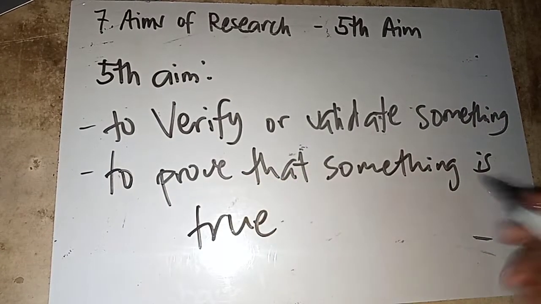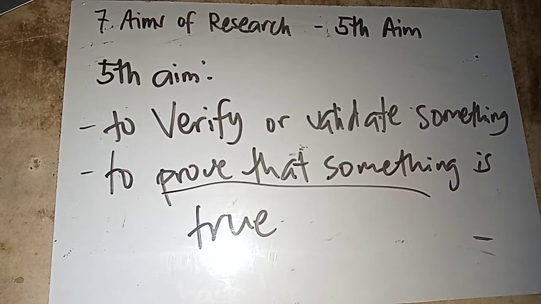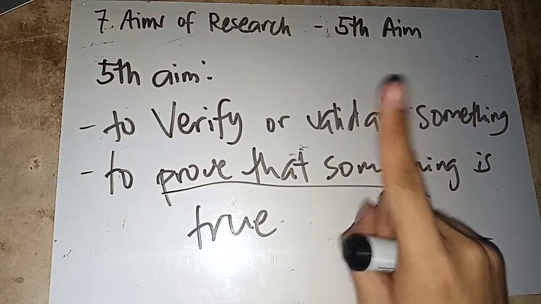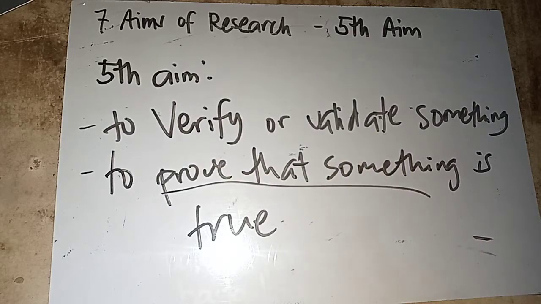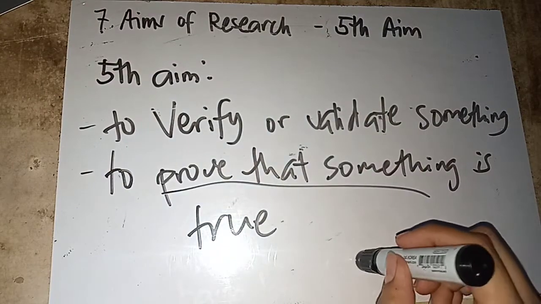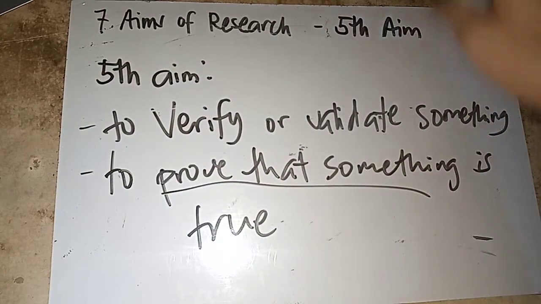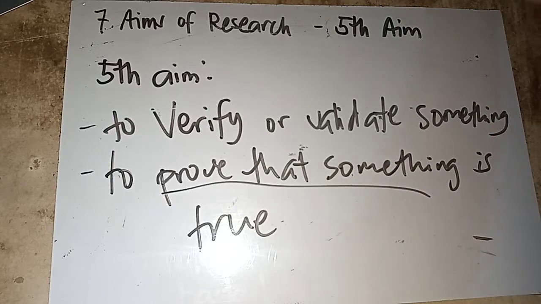With the illustration of osmosis, we have proved that osmosis really affects the size of the cell. So that would be the main idea for the fifth aim of research. In our next video presentation, we will be discussing the sixth aim of research.